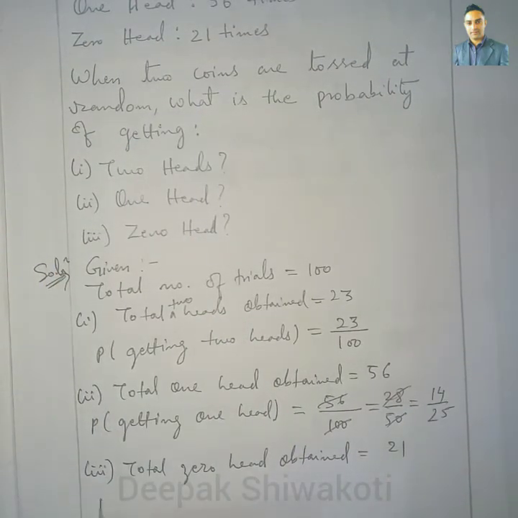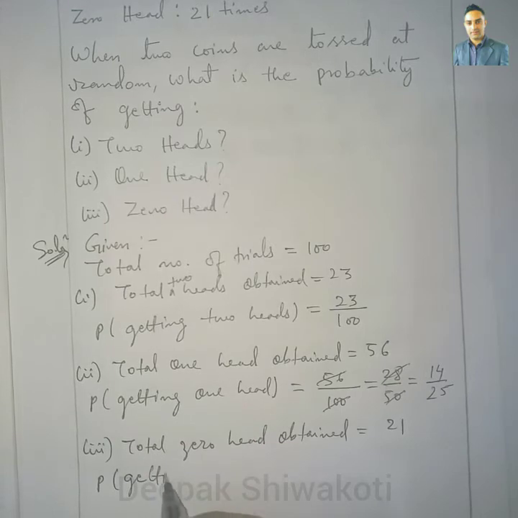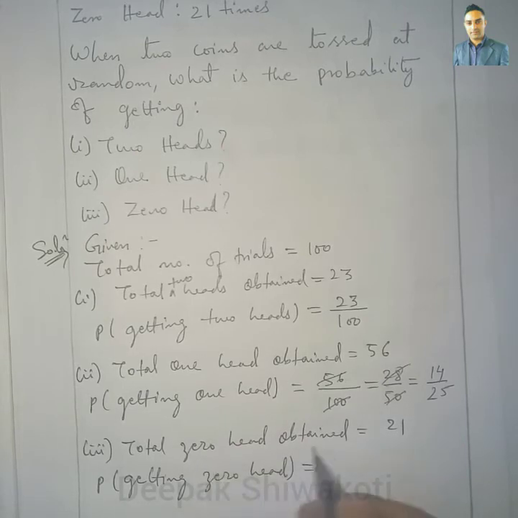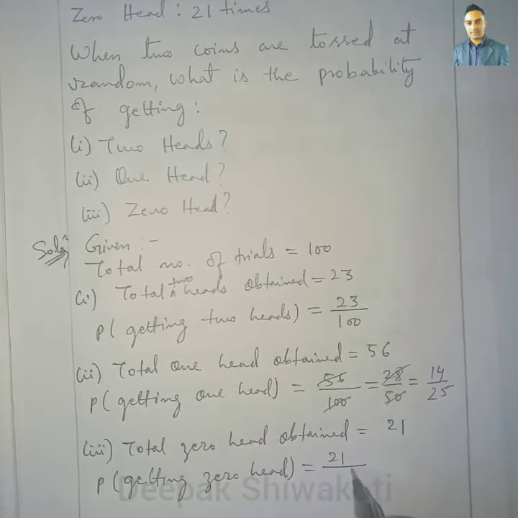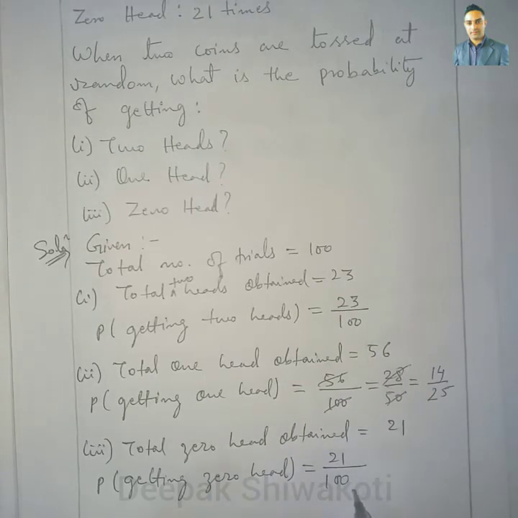Now probability of getting zero head is given by total zero head obtained, that is 21, by number of trials 100. So the probability is 21 by 100.